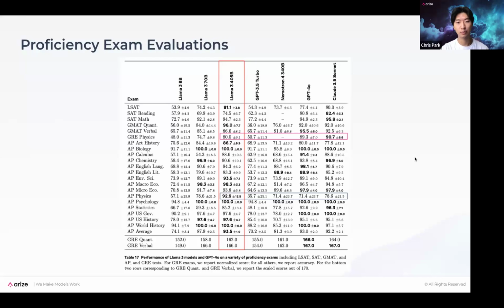Cool. So I thought this was an interesting evaluation that they included. They do human-based proficiency exams and look at how well models do on them. Something to point out was that Llama 3, the flagship model, does well on tests that you wouldn't think are standard for a large language model, things like art history, environmental science, macroeconomics, psychology.